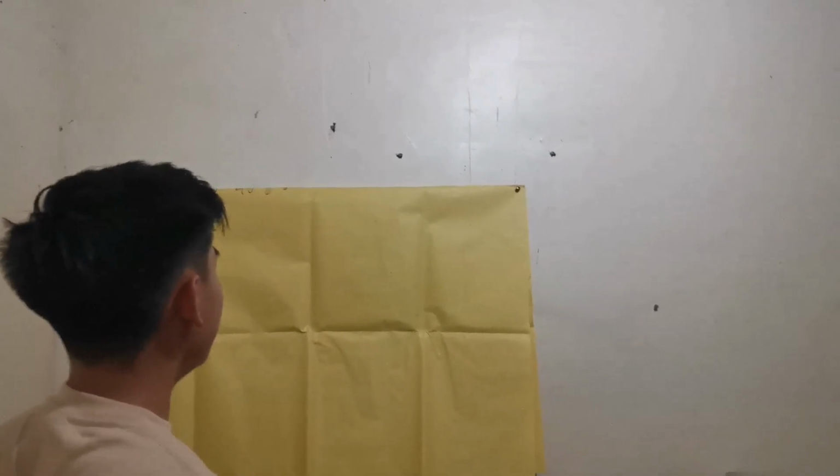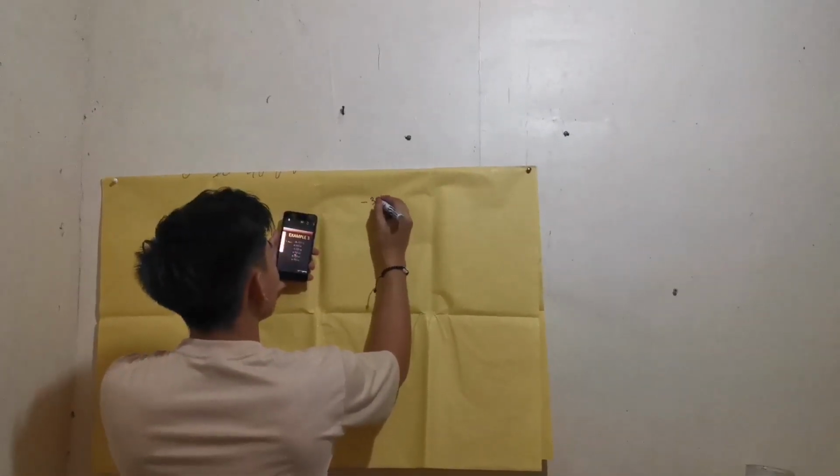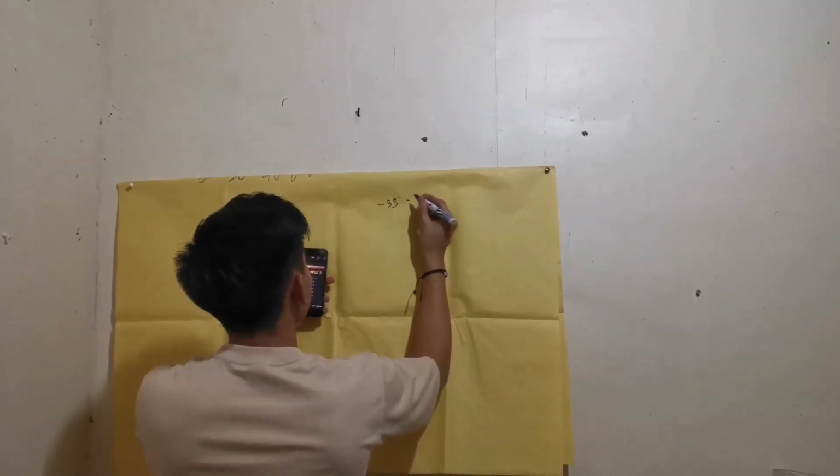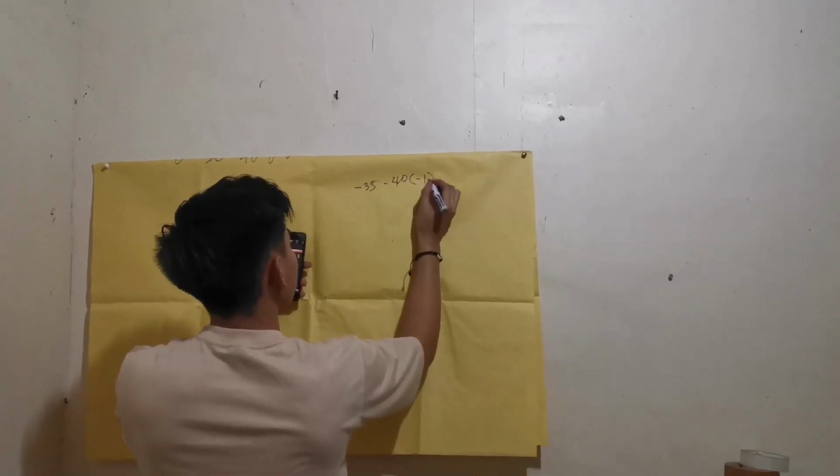So, yung formula kanina, yung old row, which is 35 minus 40. Same process lang pa rin.